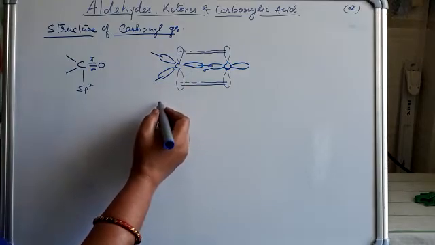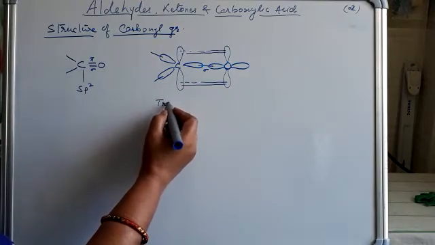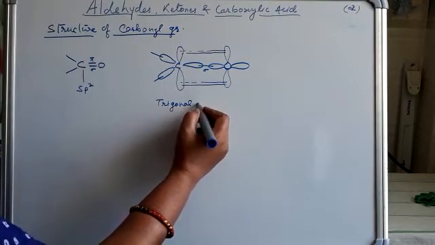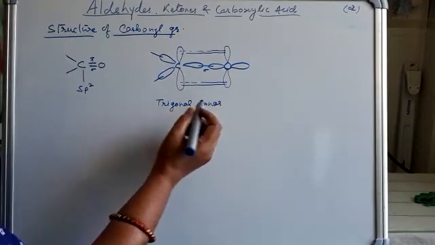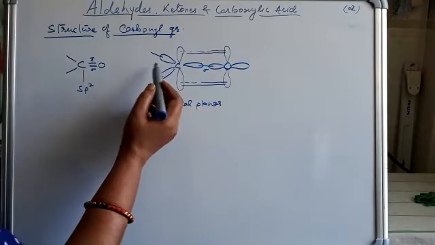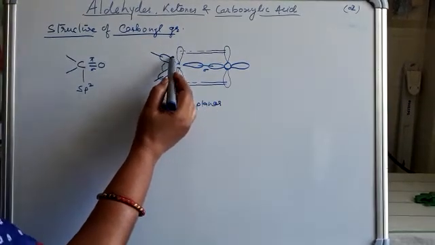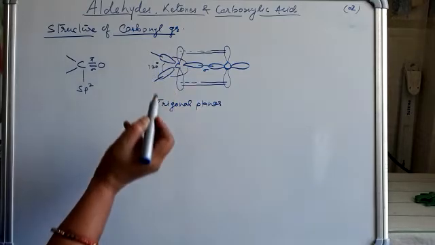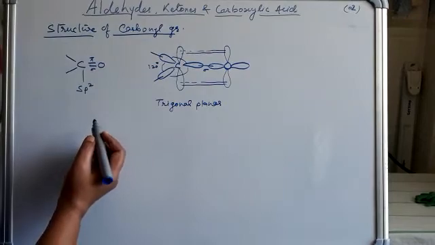The carbon of the carbonyl group is trigonal planar, and the bond angle between these is 120 degrees.